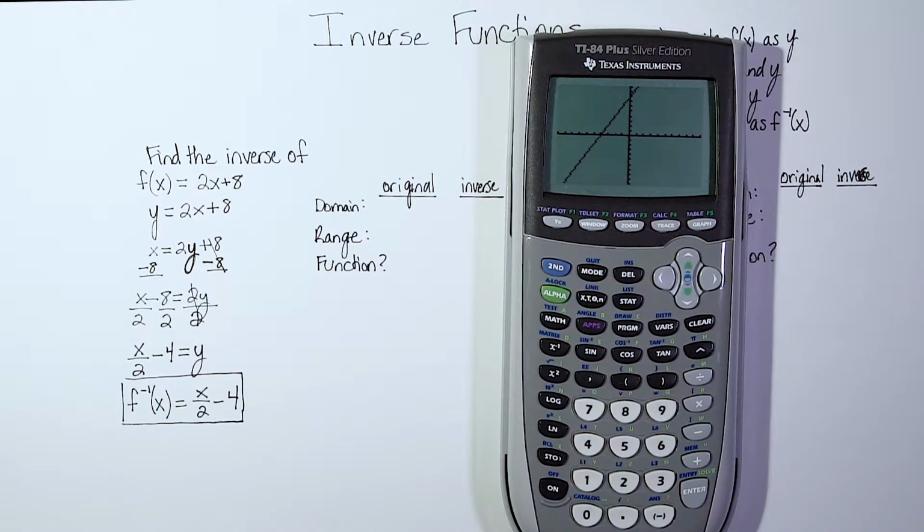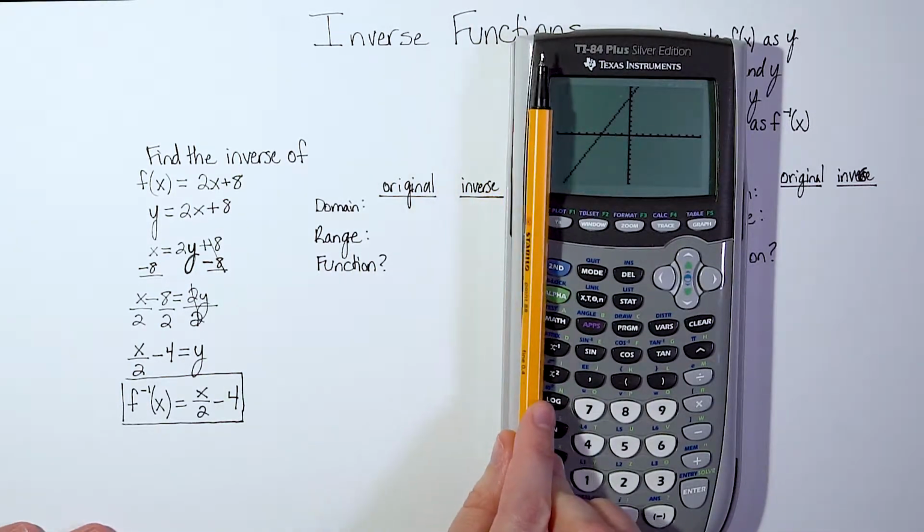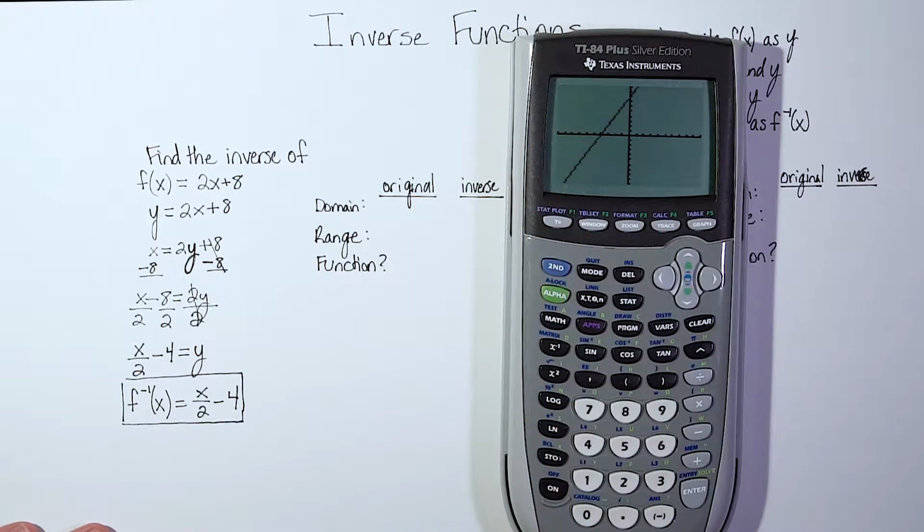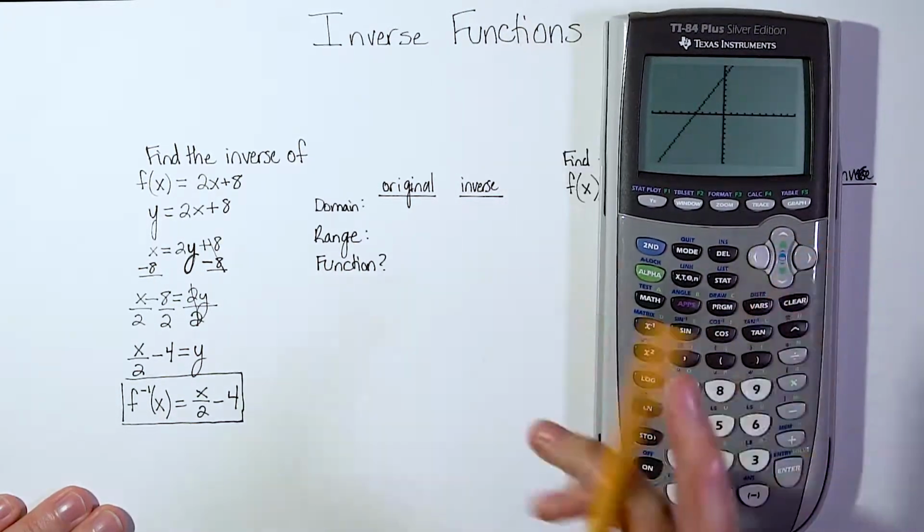Remember, to find domain and range, we read domain left to right and range bottom to top. If you need a refresher on domain and range using interval notation, please check out that video. I'm not going to spend a ton of time explaining it here because I'm assuming that if you're watching this, we've already spent time on domain and range, but you may need to go back and review. For my domain of the original, reading left to right, the first thing I touch is negative infinity.